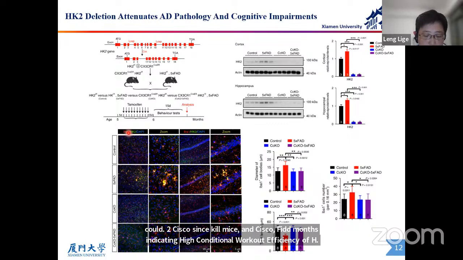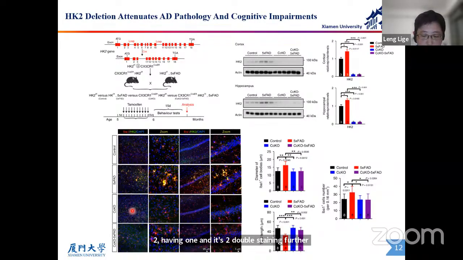Iba1 and HK2 double staining further confirmed that microglial HK2 had been knocked down in cKO FAD mice.